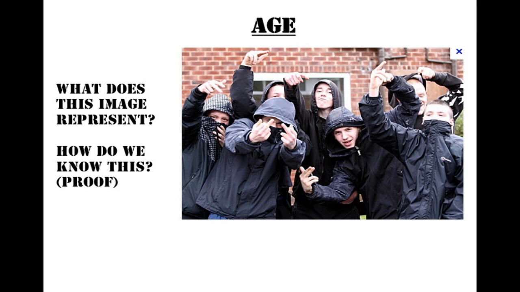However, that's just from this picture. We could show another picture of students sitting in a classroom working, and the denotation from that would be something completely different. So remember, this is a representation of reality.